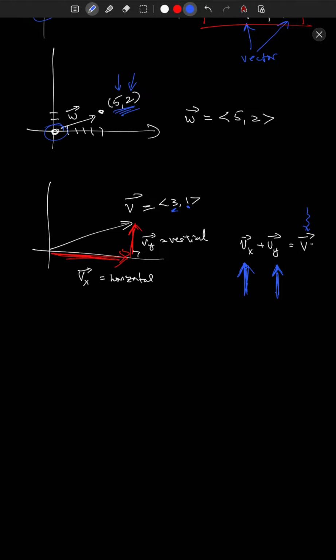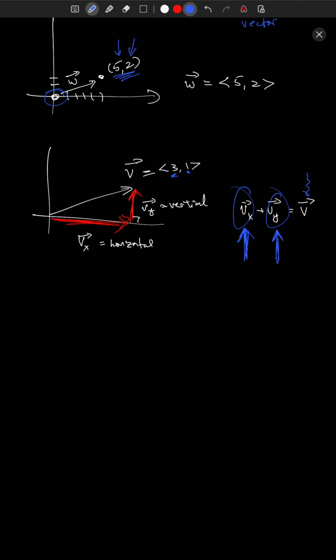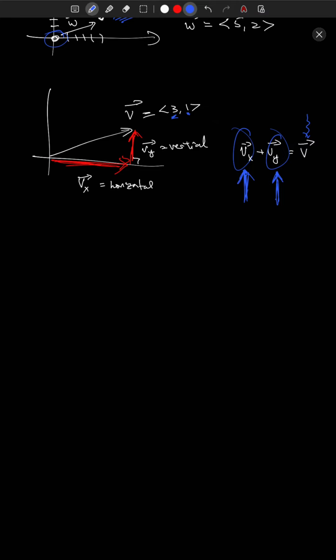And so you can study v by studying v_x and v_y in a way separately. So this is a very important breakdown of a vector. And later on, we'll have a second notation for vectors that incorporates this idea.